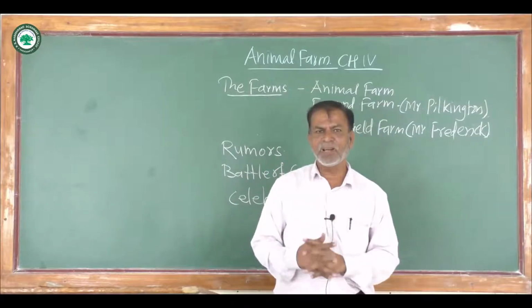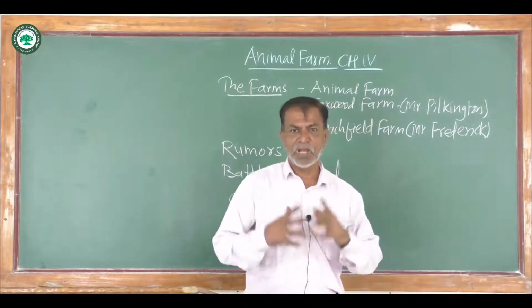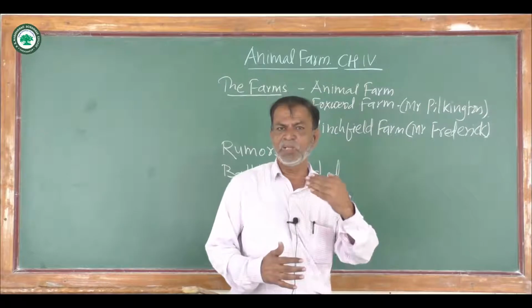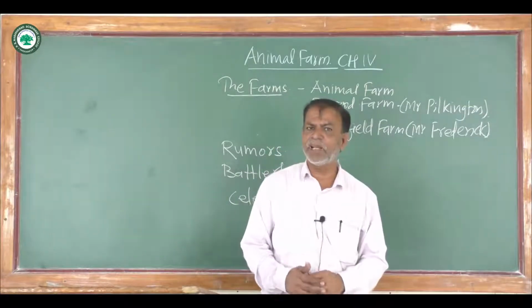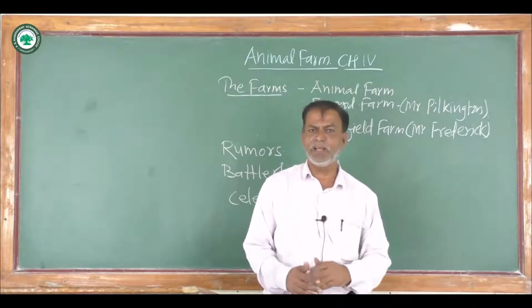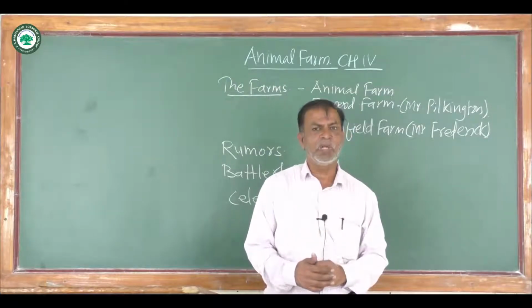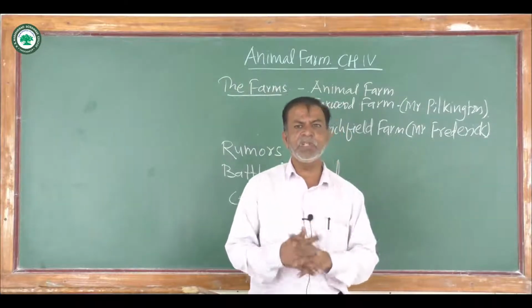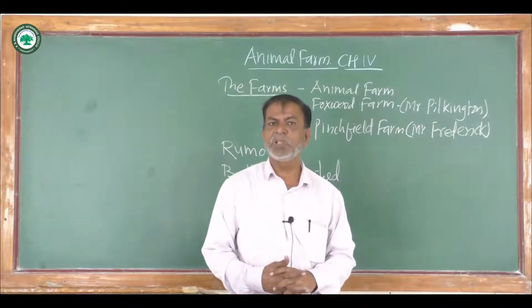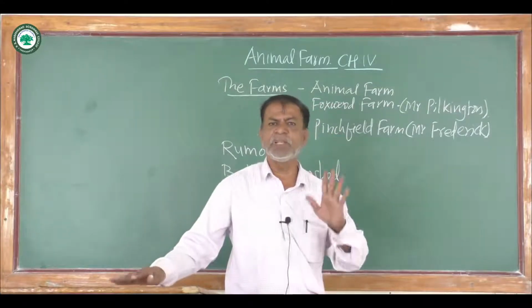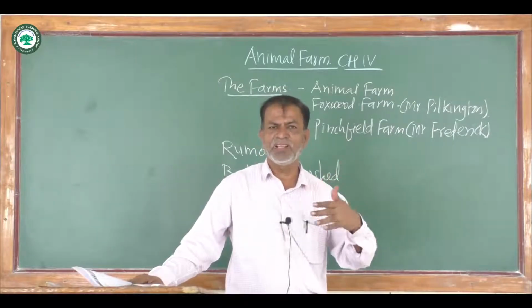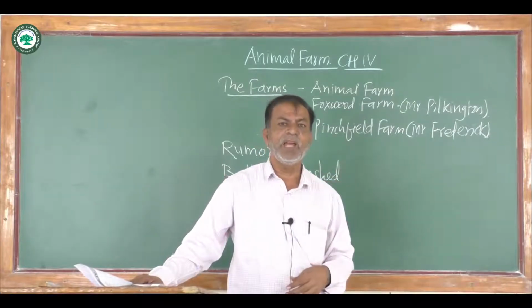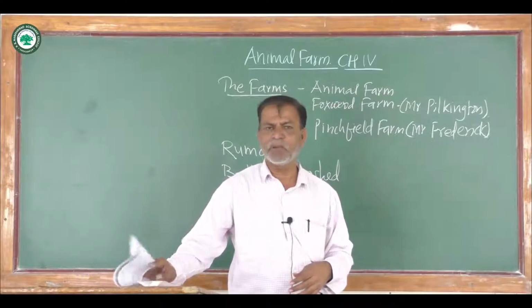And so for our study, I divided this battle into 3 parts. That is, first line attack, second line attack, and the third line attack, which was the strategy of Mr. Snowball, who is a pig, and now he is the leader of animals in Animal Farm.